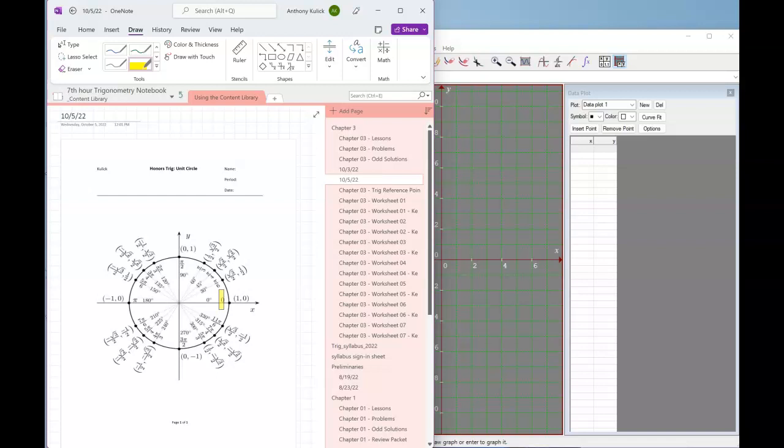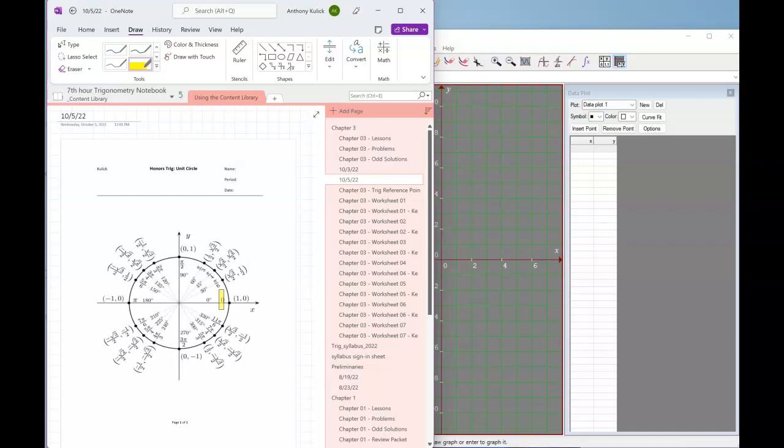So, okay, if we're going to graph something, do you think we're going to prefer to use angle measures in degrees or angle measures in radians? Well, if I have to do the full unit circle, how many degrees are we talking about? 360. If I do the whole unit circle in radians, how many radians are we talking about? 2 pi.